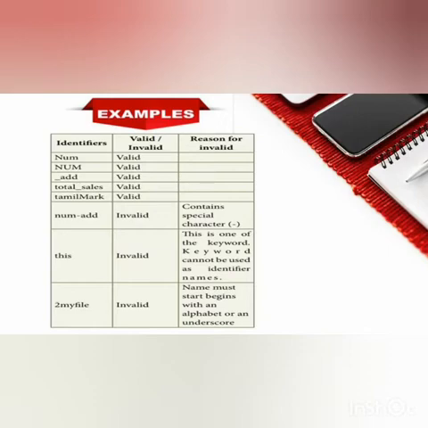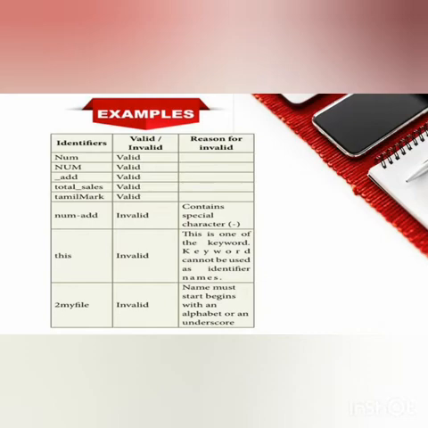This is also valid because the first letter should be an alphabet or underscore. It may be a capital letter or small letter. Then the third example is underscore add. This is also valid because the first character is an underscore. The next example is total underscore cells. This is also valid. If you want to combine two words, you can use an underscore here.